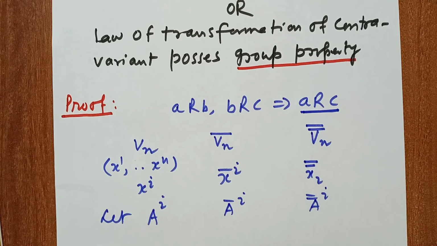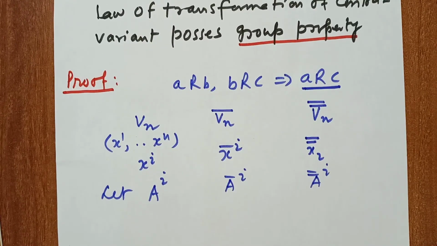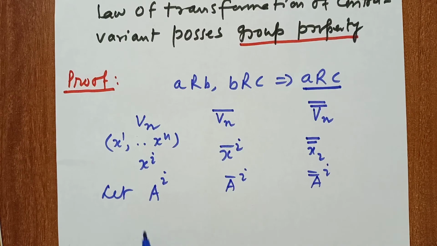What we show is: if aⁱ transforms to āⁱ and āⁱ transforms to a double bar i, then aⁱ directly transforms to a double bar i. If this follows the transformation rule of contravariant vector, then we say the law of transformation of contravariant vector possesses the transitive property. Transitive property is nothing but the group property. So how to prove it?